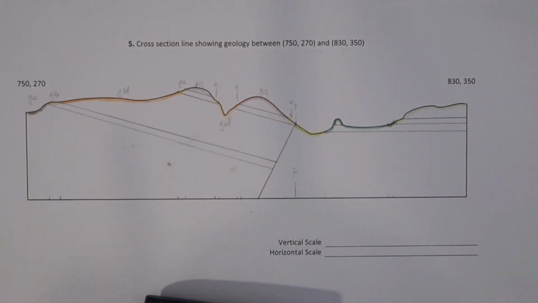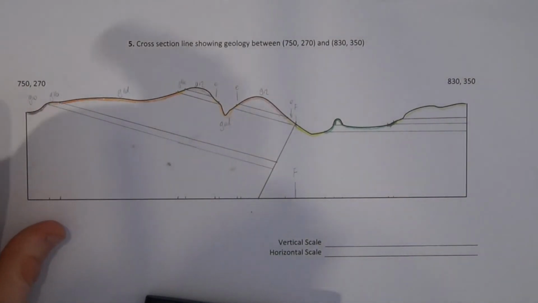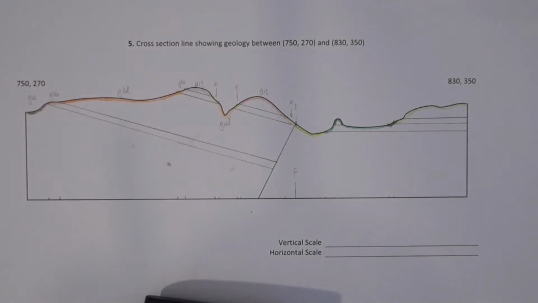And then we don't actually see the bottom of G10, but looking at the stratigraphic column, it's quite a thick bed. So if I broke out my ruler and calculator, I could calculate the true thickness of that bed.